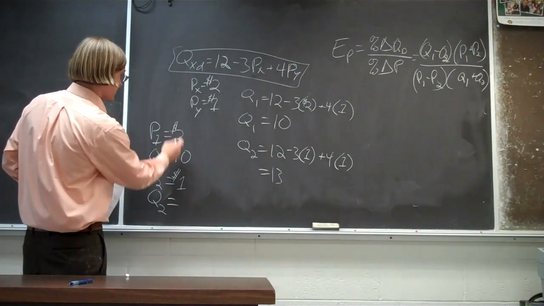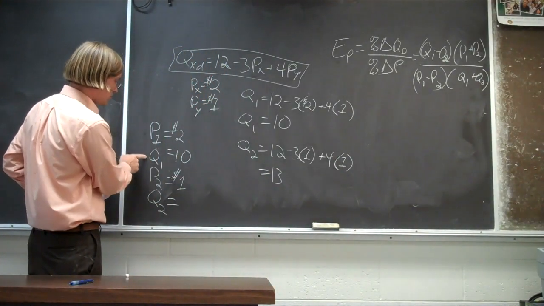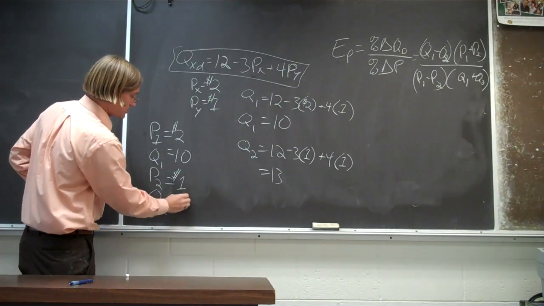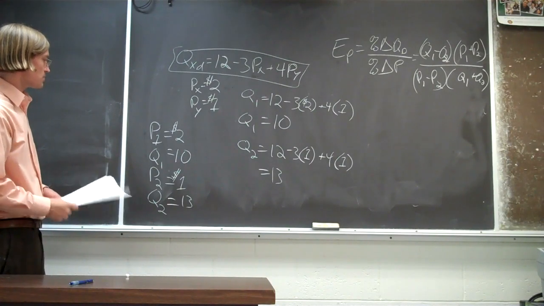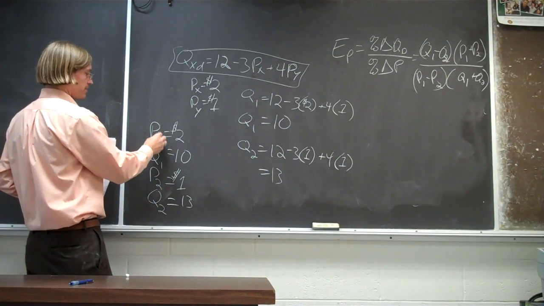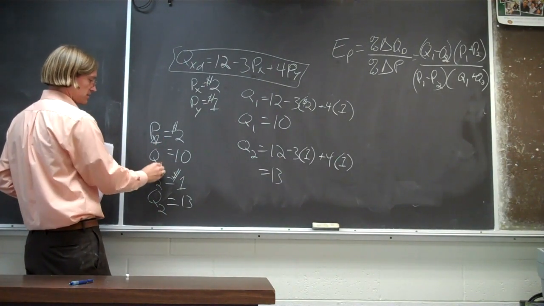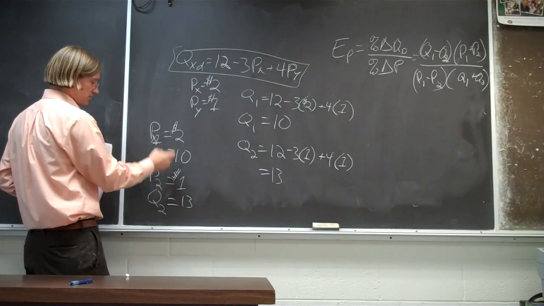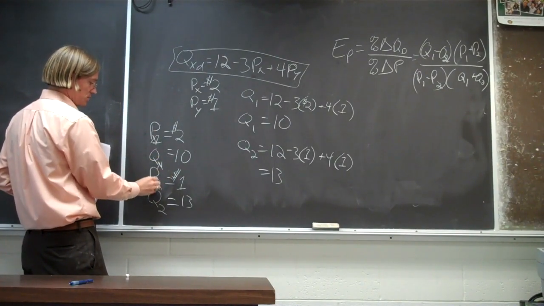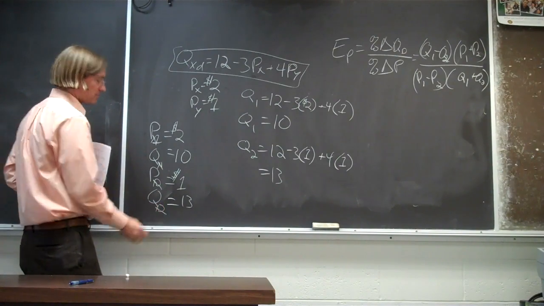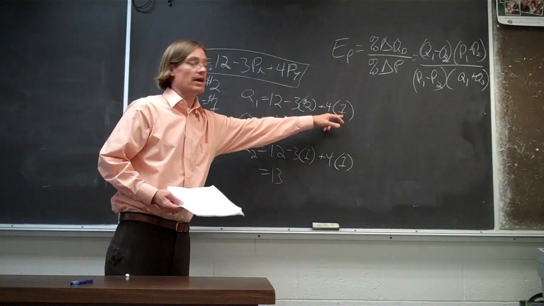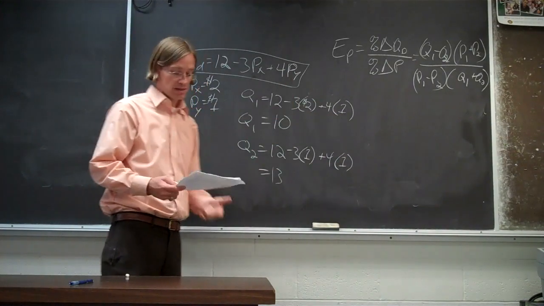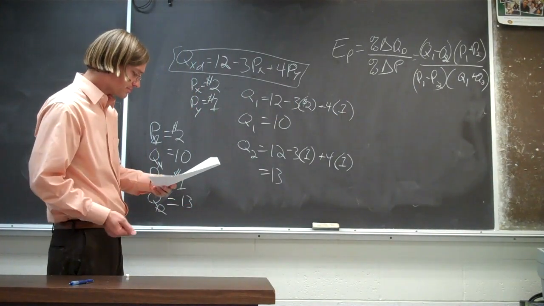Now we've got P1, Q1, P2, Q2, and these are all for X. We're just fixing the price of Y at $1, so we're not changing that.